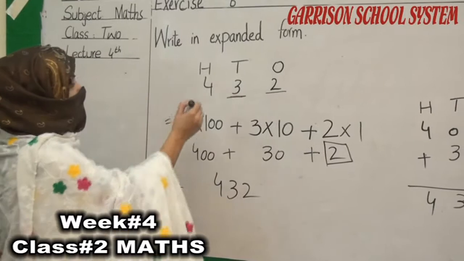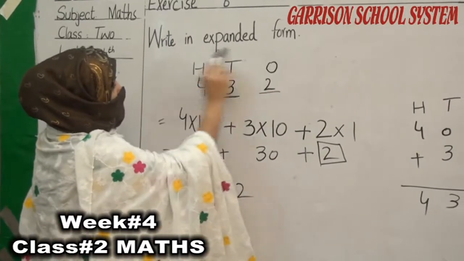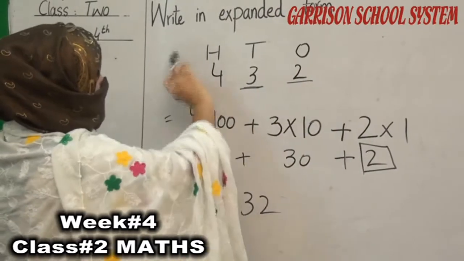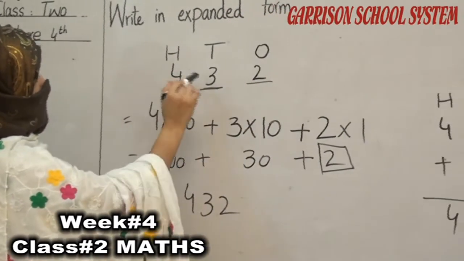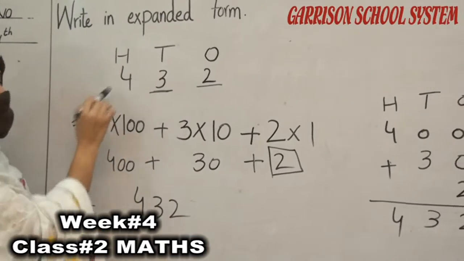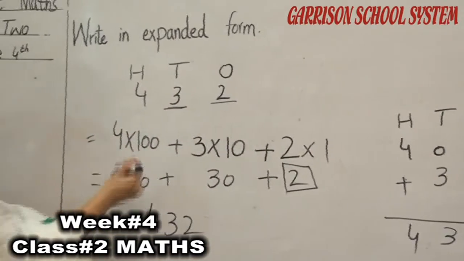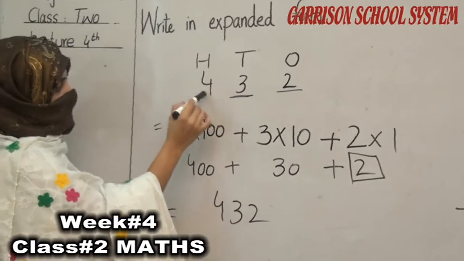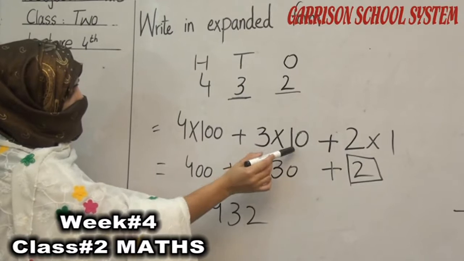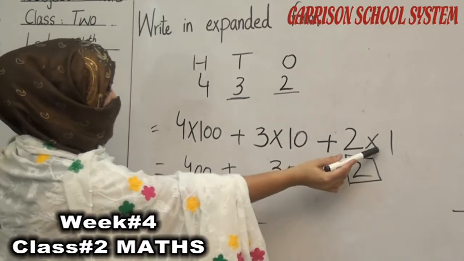So students, finally, expanded form means we have to break the numbers according to their value. For example, here is the number 432. It is in combining form. When we separate these numbers, 4's value is 100, so we multiply 4 by 100. 3's value is 10, so we multiply 3 by 10. 2's value is 1, so we multiply 2 by 1.